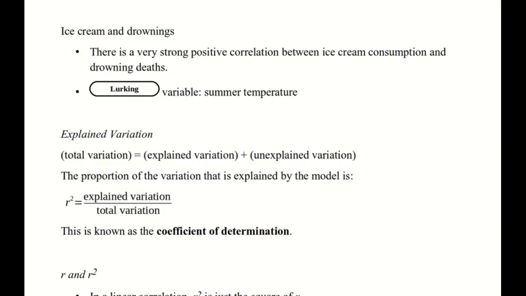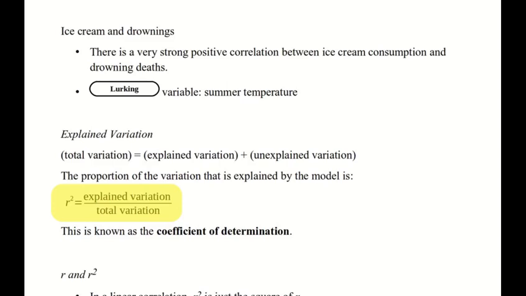In other words, the difference in the data that is explained by the linear model. Now that proportion of the variation that is explained by the model, that percentage, is the quotient of the explained variation over the total variation. And that's r squared in your calculator. R squared is the coefficient of determination.